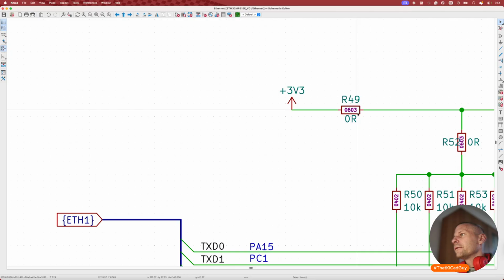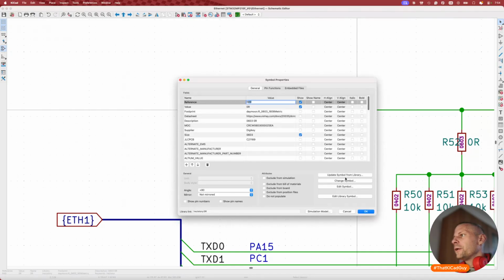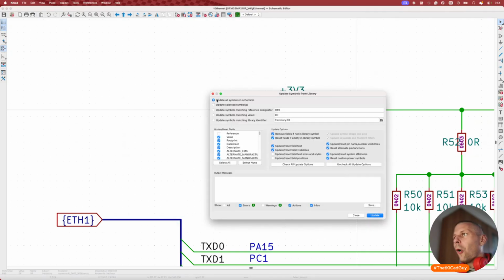Yeah, you can go here, update symbols. You can update all symbols without values because it will destroy our test points, and you can check remove fields if not in library symbols. My library symbols definitely contain the attributes visible in the BOM, and reset fields if empty.